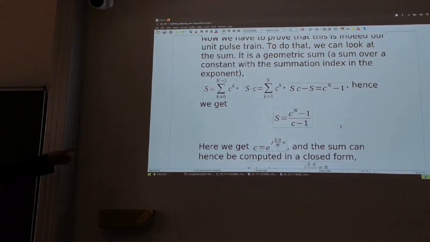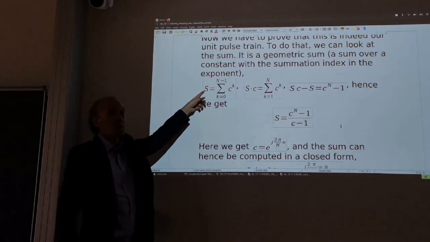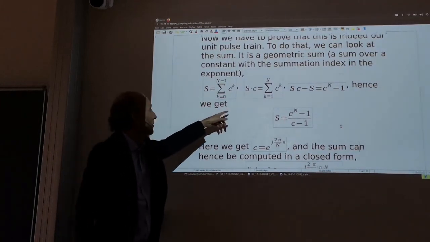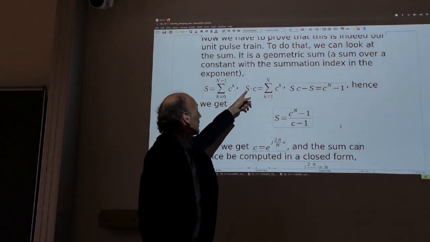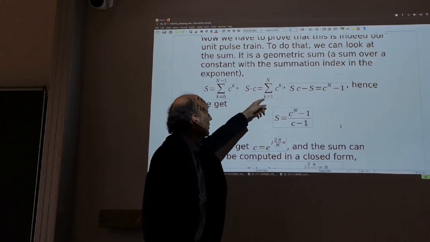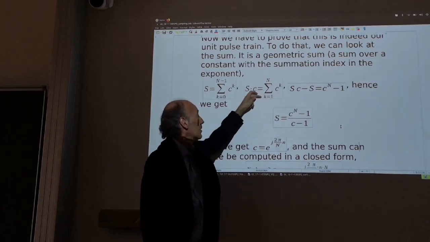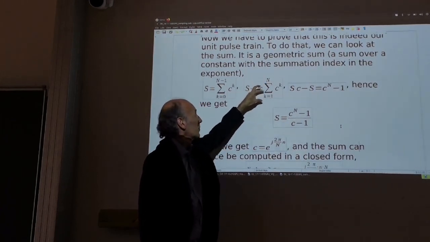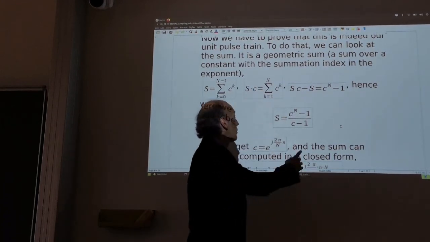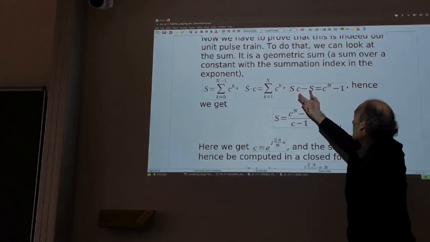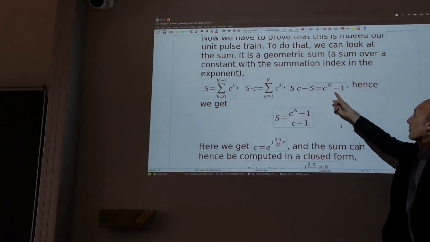Yeah, and if we have such a sum, we can get a closed form solution, as you can see here. We just write the sum multiplied with c, and the result is just a shifted index here for the sum. And that means if we compute the difference, we just keep the last and the first entry.